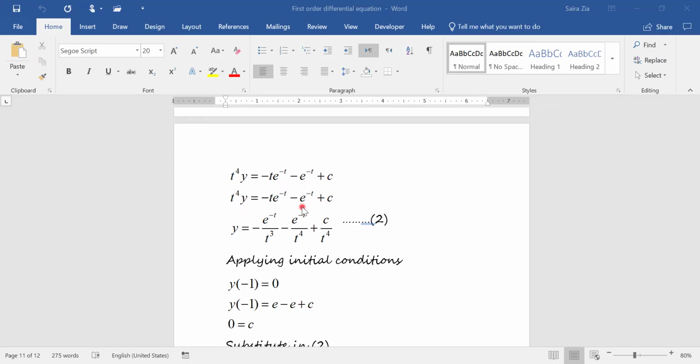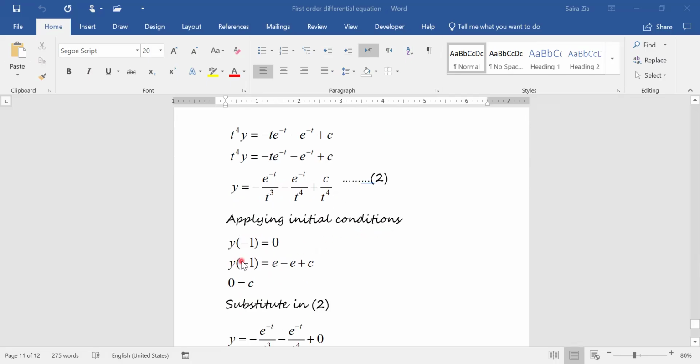Now we get rid of this t to the power 4. So divide each term by t to the power 4 and apply the initial condition to find the value of c, the constant of integration. The initial condition is y of minus 1 equals 0, so y is 0 and t is minus 1. So substitute t equals minus 1 everywhere wherever there is t.